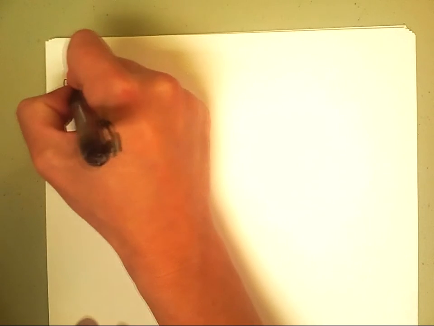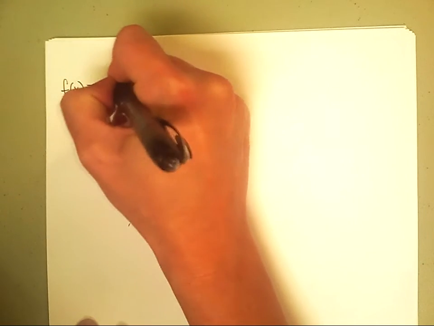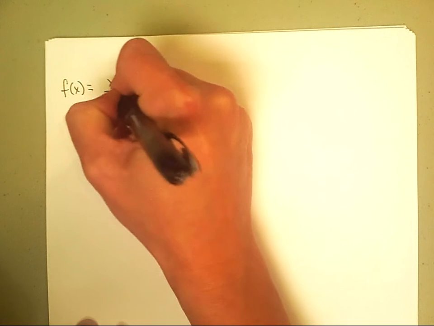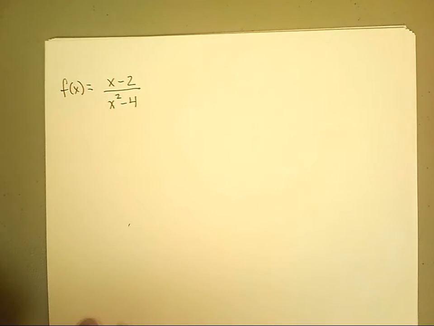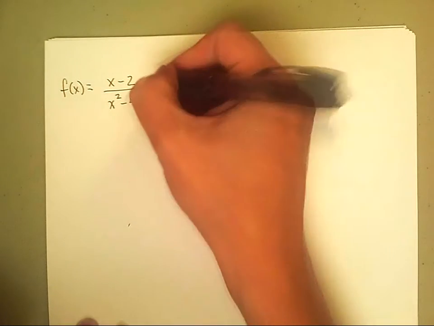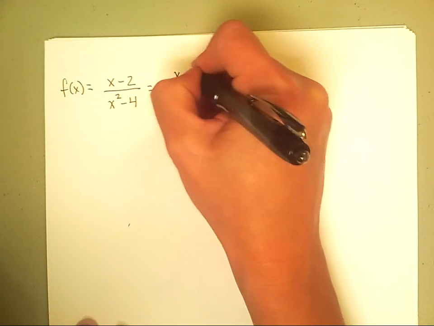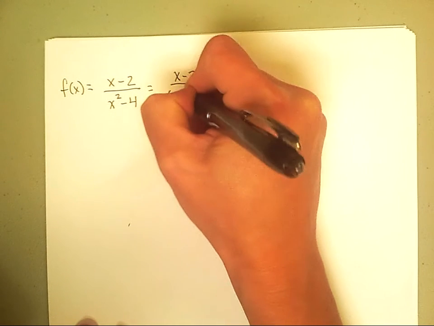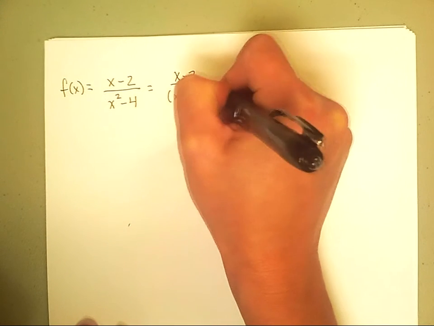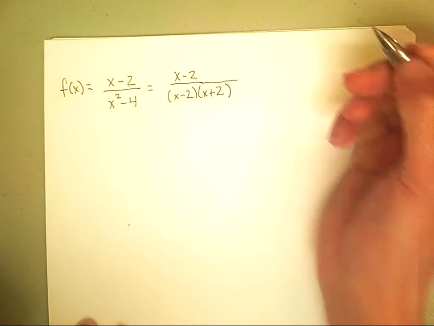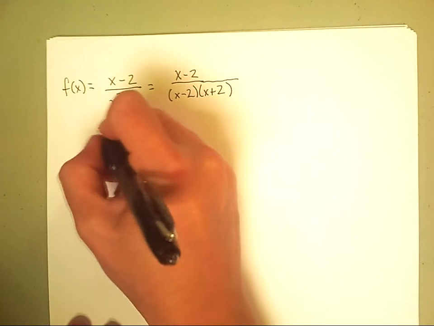Now let's do another one so you can see this happen. If we have f of x is equal to x minus 2 over x squared minus 4, and we factor that, we get x minus 2 over x minus 2 times x plus 2. First of all, let's determine the domain.